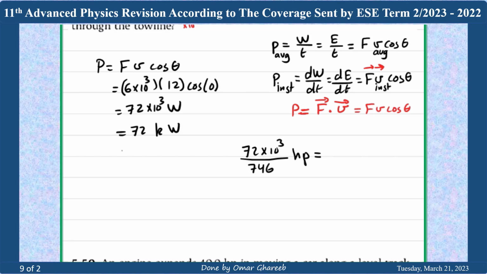So the answer would be 96.5 horsepower, if the question needs that.